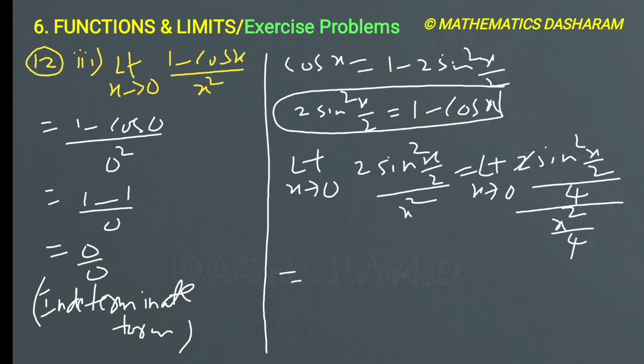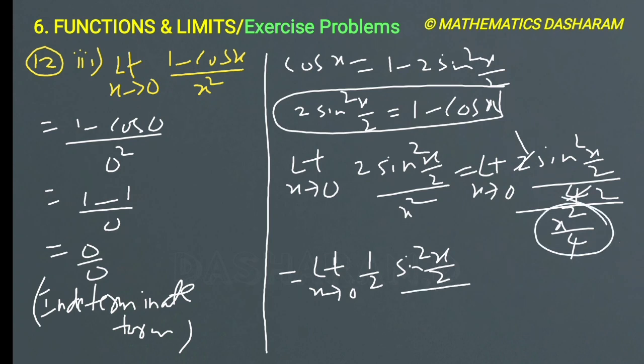So then 2 by 4 is 1 by 2, so limit x tends to 0, 1 by 2 into sin square x by 2 divided by x square by 4, which can be written as x by 2 whole square.